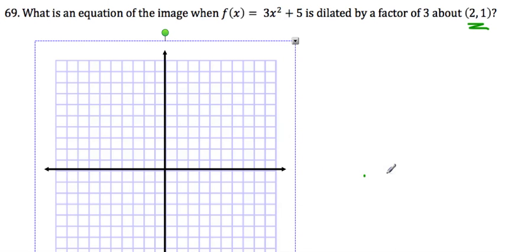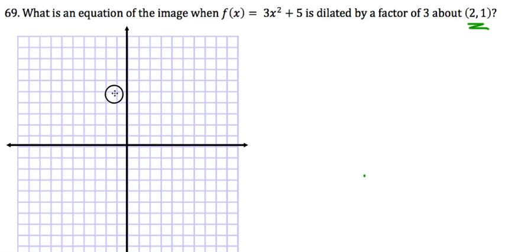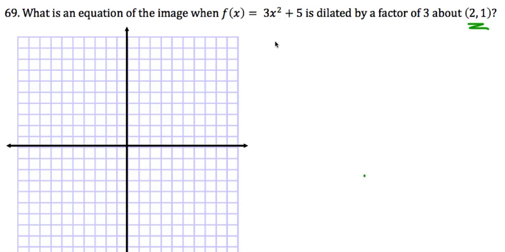Once again, if we know the general rule for this transformation, then we can just apply that for our function here given. But we need to realize what is 2 comma negative 1.